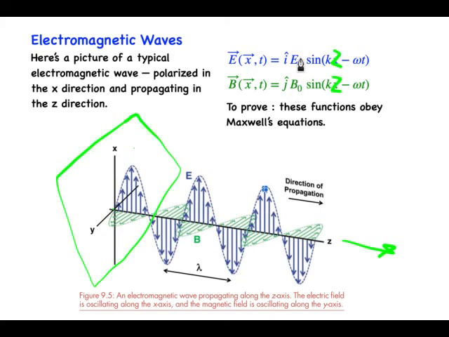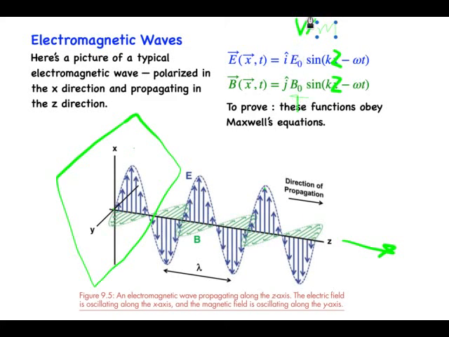Now the amplitude of the electric field and the amplitude of the magnetic field can't really be the same. Well, no, of course they can't be the same because they have different units. So E0 will be some number of volts per meter, and B0 will be some number of Teslas. Now what we're going to find when we solve Maxwell's equations is that E0 and B0 are related.